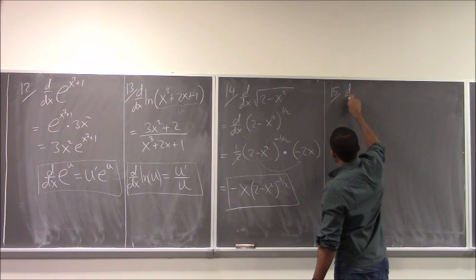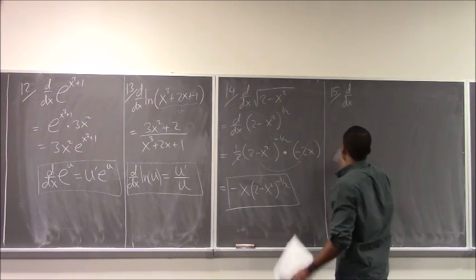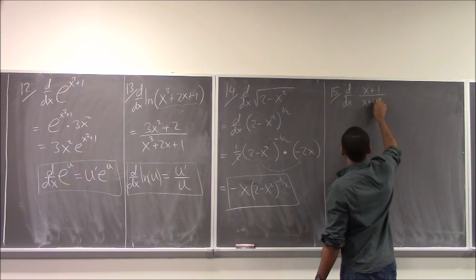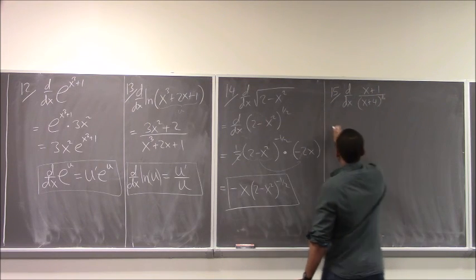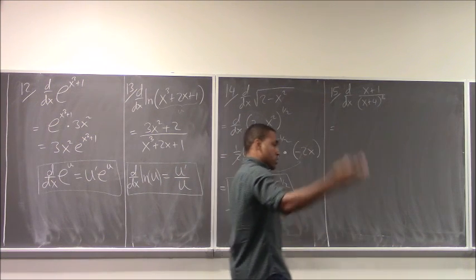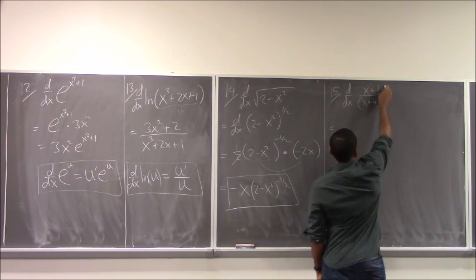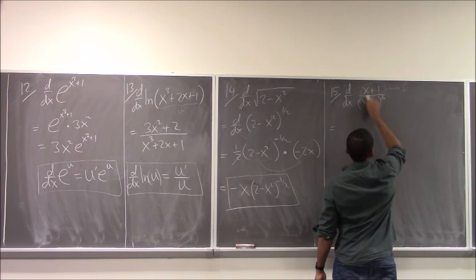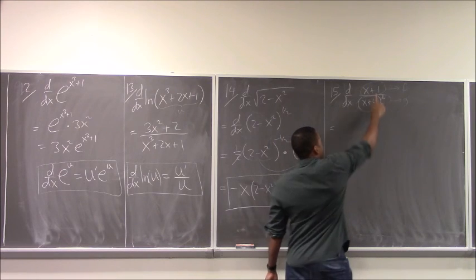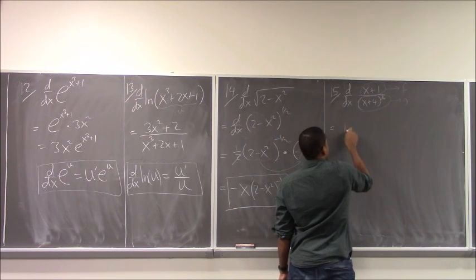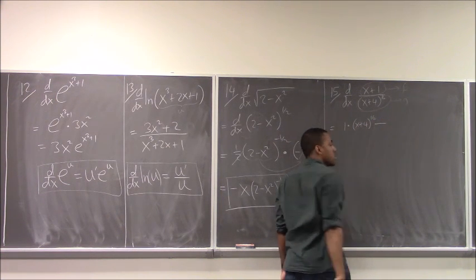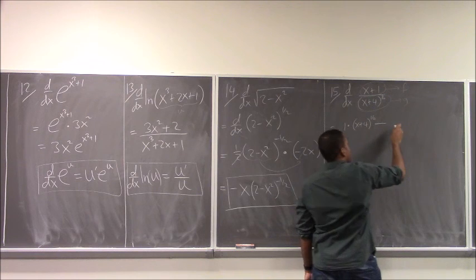Number 15. Spoiler alert, quotient rule. So this is your f, the bottom you think of as your g. So we need f prime times g, which is 1 times x plus 4 to the 16, minus f times g prime.